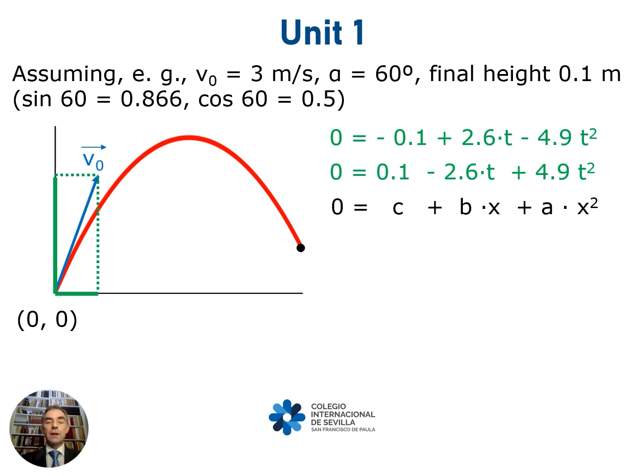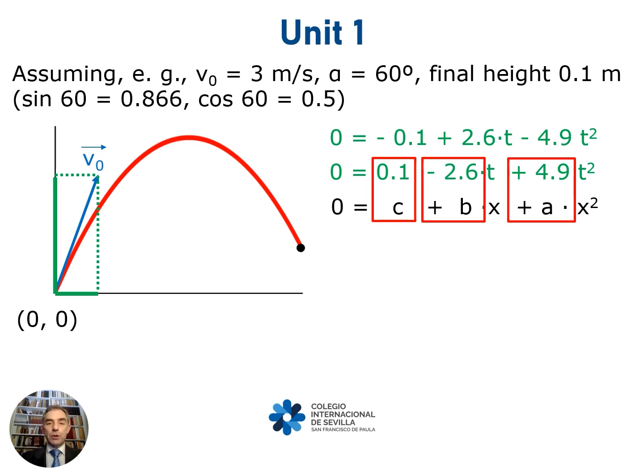And we call it independent term because it is not multiplying x. In our case, we have that a equals 4.9, which is the coefficient of t squared. B equals minus 2.6, which is the coefficient of t, and the independent term is 0.1.